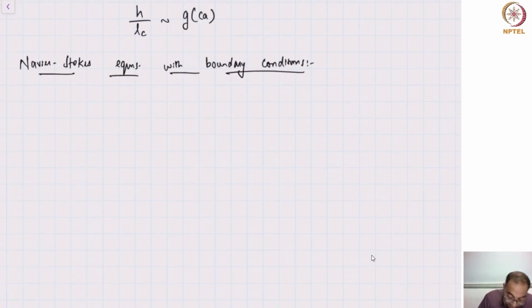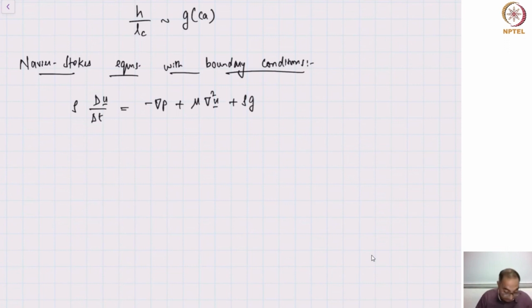We'll write down, this is only for the liquid that is being coated: density times d by dt of u bar is minus grad p, plus the viscous term, and gravity. And divergence of u bar is 0.